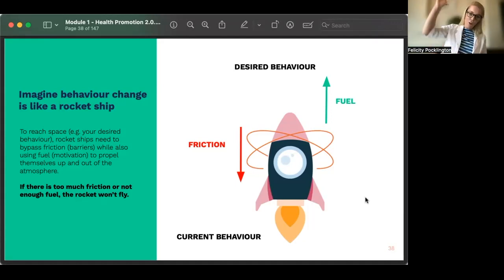So to launch our rocket with this green arrow up into space, which is our desired behavior, we need to bypass all of the friction that holds the rocket down on the ground and increase the fuel to get our rocket up into space. So our barriers, what we call friction here, and our fuel is what we call motivation. These are the things that we really need to understand when we're doing health promotion work.